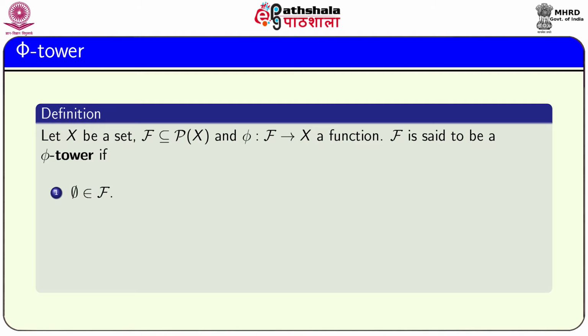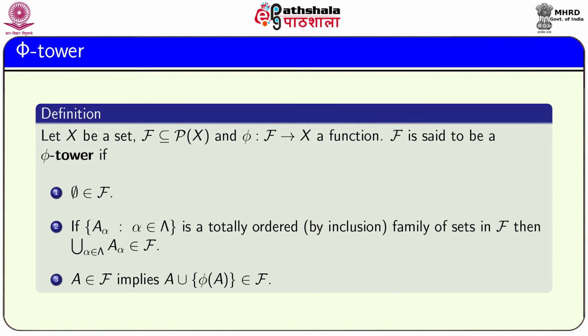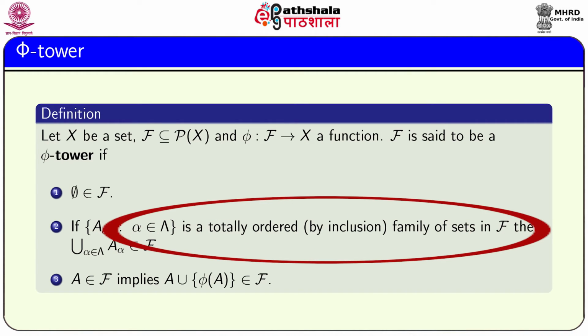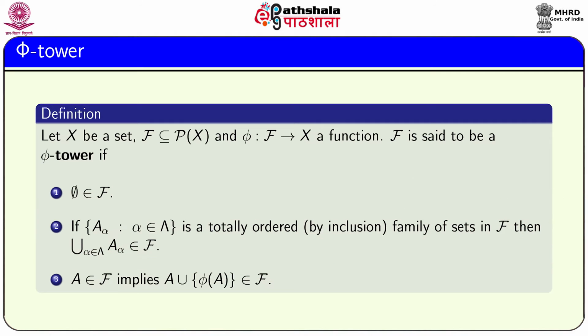Script F stands for a collection of subsets of X and phi is a function from script F to the set X. This collection script F is said to be a phi tower if empty set is inside F, if A alpha, alpha belonging to lambda, is a totally ordered family of sets in F, then union A alpha is inside F. And the third condition is A belonging to F implies that A union the singleton phi A is inside F.